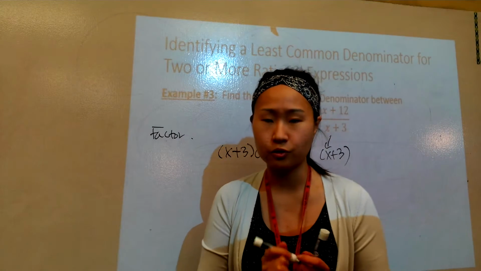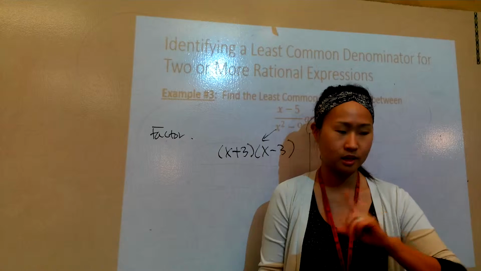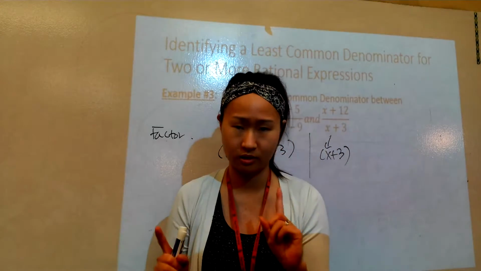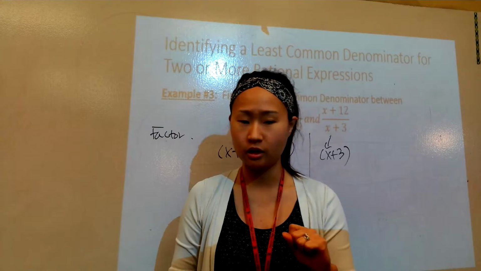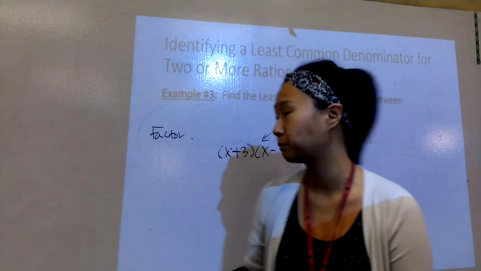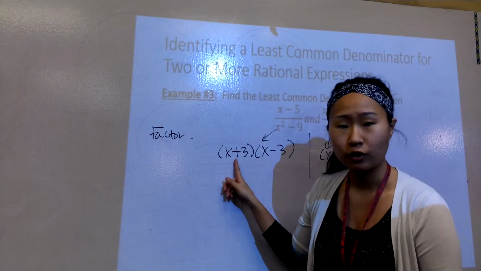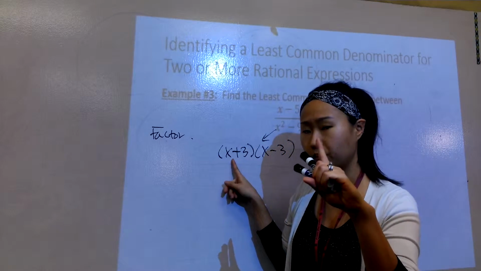Once you're done factoring, you're going to pick one factor at a time and see which one has the most, and take that number of factors. Let me show you an example here. So I'm going to start with the factor x plus 3. From the first rational expression, I have 1 x plus 3.